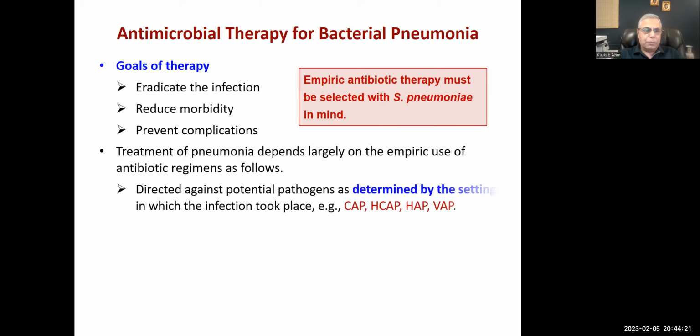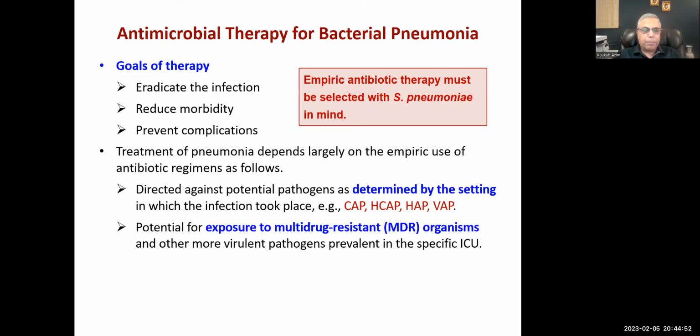Treatment of pneumonia depends largely on the empiric use of antibiotic regimens as follows. Directed against potential pathogens as determined by the setting. So I showed you the different settings: community acquired, healthcare acquired, healthcare facility acquired, hospital acquired, ventilator associated. So the organisms were a little bit different. I've got another slide, which again, I don't know whether I have it in this lecture or not, which shows you the recommended antibiotics for different bacteria, all right?